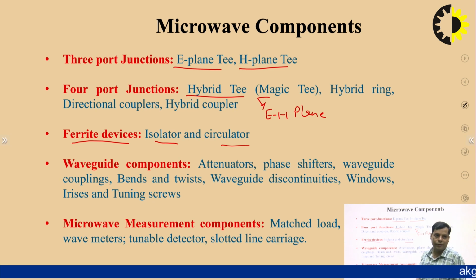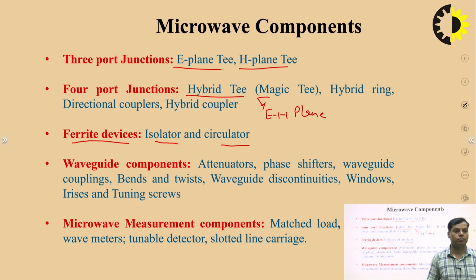An isolator is a 2-port device and a circulator may be an n-port device. Similarly, other waveguide components we discuss are the attenuator, phase shifter, waveguide couplings, bends and twists, waveguide discontinuities such as iris and tuning screws. For measurement, the components used are the matched load, detector, tunable detector, slotted line, etc. These are some of the microwave components.